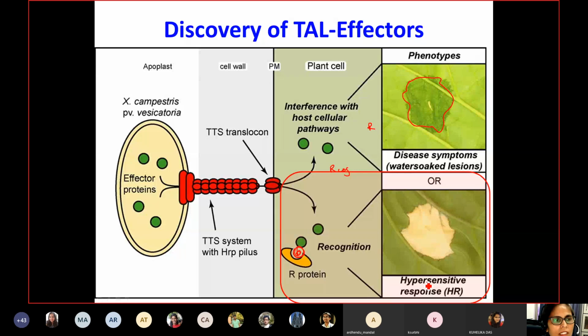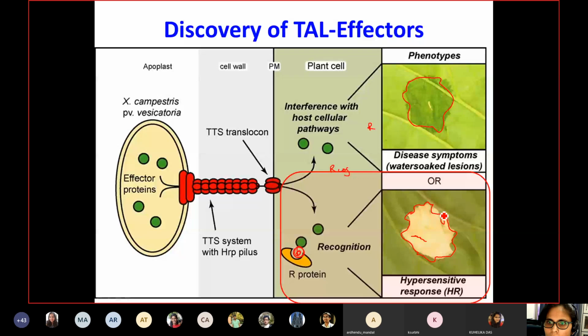This hypersensitive response means you have a local death of the plant, specifically at the place where you are getting infection. By doing so, it halts bacterial progression through this system. If this region has died, then there is no progression of the bacteria.